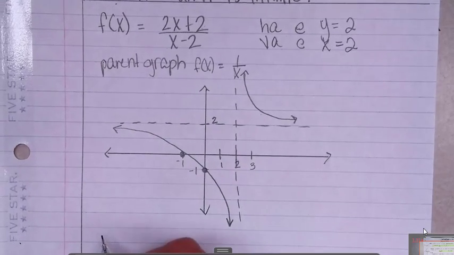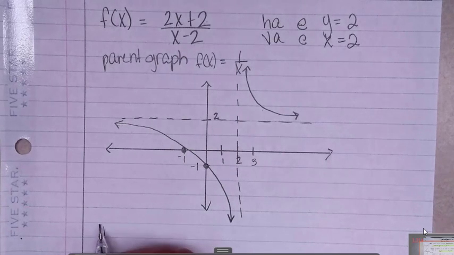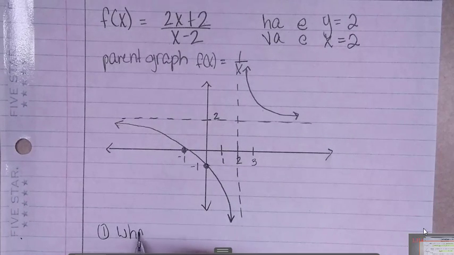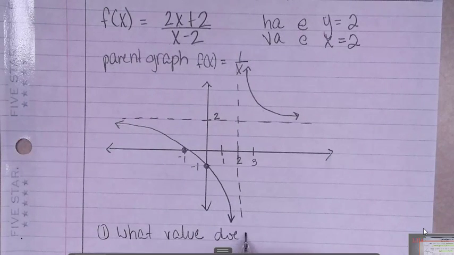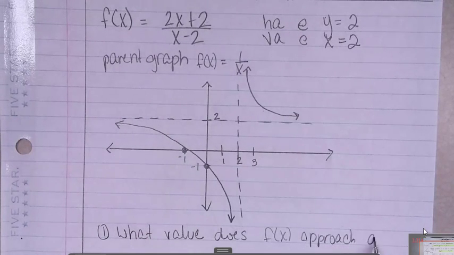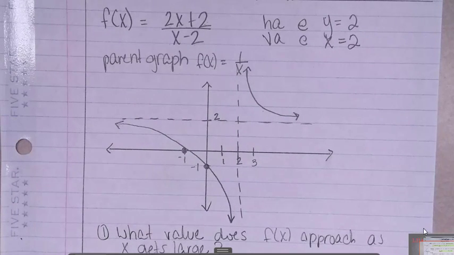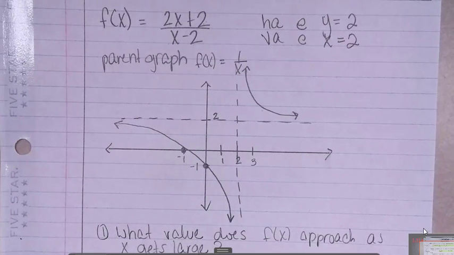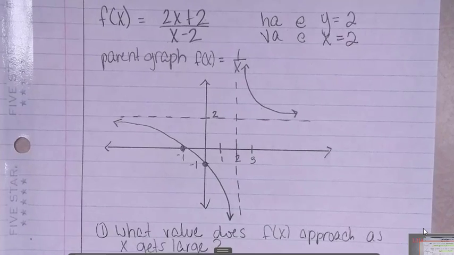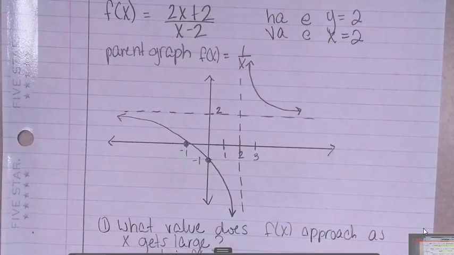All right, so I have a couple questions about this graph. So first question. What value does f of x approach as x gets large? Or in other words, what's the limit as x goes to infinity of f of x?